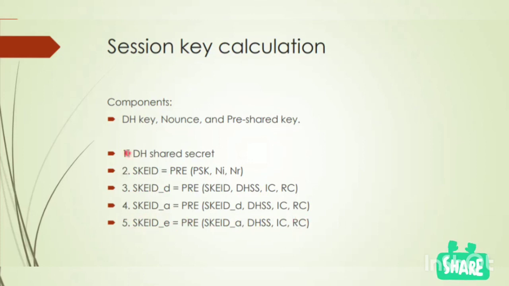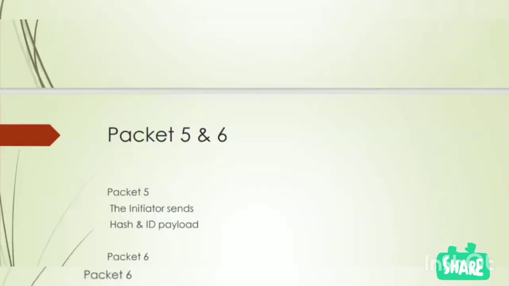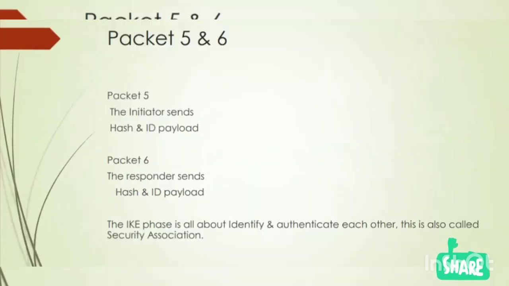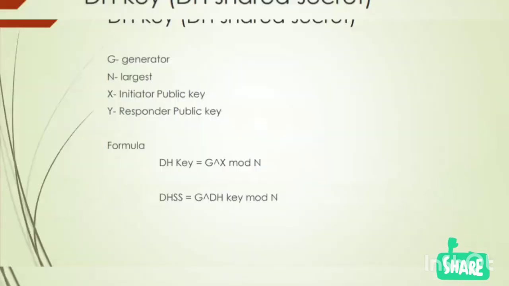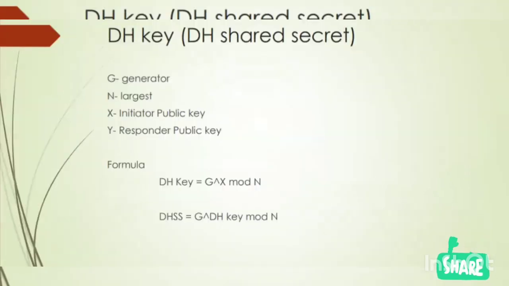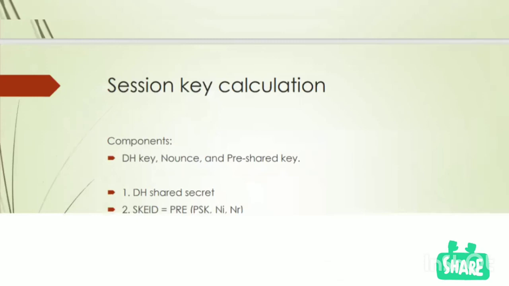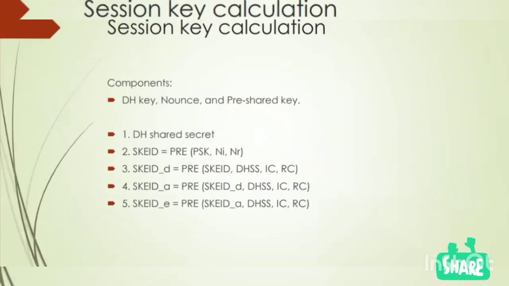So we have calculated 5 keys in phase 1. These are the key calculations in phase 1, and we will see the rest in the part 3 video. Okay, see you in part 3.